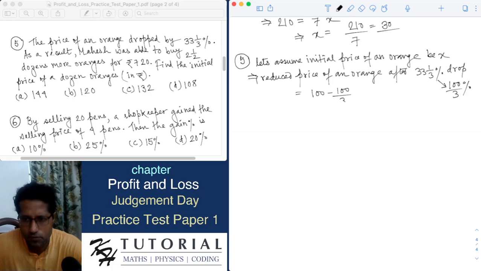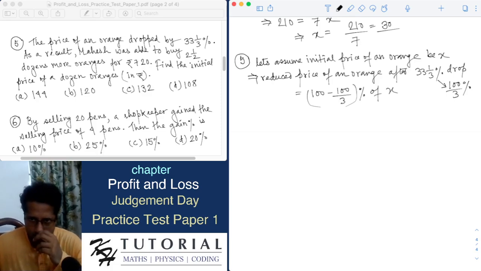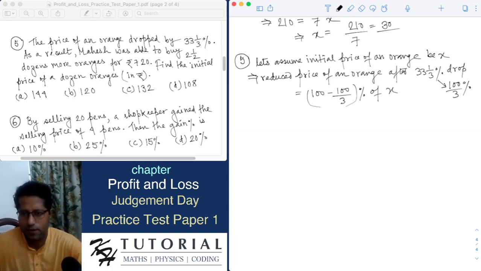100 by 3, this much percentage of the original price, which we assume to be x. We have assumed that the initial price of an orange is x. So if there is a price drop of 100 by 3 percentage, then the reduced price will be 100 minus 100 by 3 percentage of x.